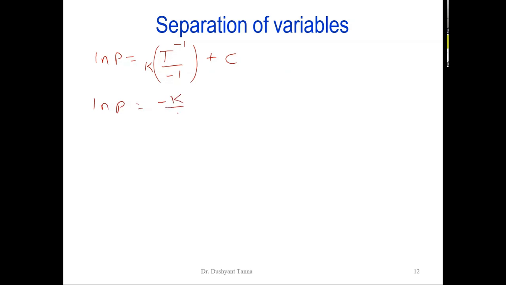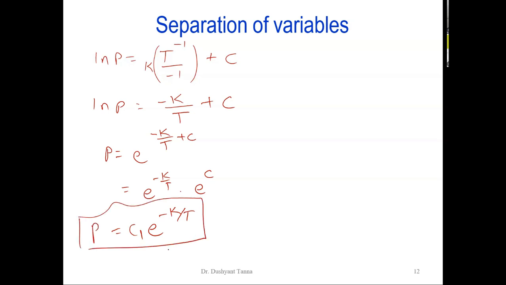So ln P equals minus k over t plus c. P will change to exponential of minus k over t plus c. Break it down using the exponential property and just write it like this. Up here, e raised to c, I'll call it c1.